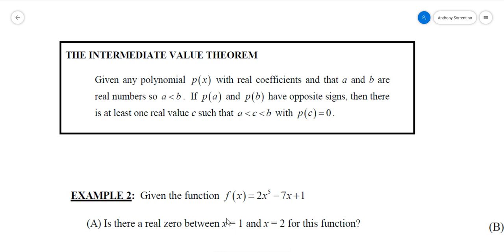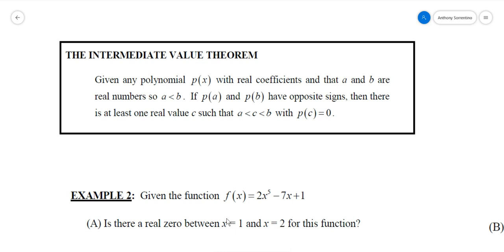The intermediate value theorem says this: given any polynomial P of x with real coefficients, so we're talking about all the numbers in front of the powers of x being real numbers, and A and B are real numbers, so A is less than B. If P of A and P of B have opposite signs, then there is at least one real value C between the two, and the polynomial is 0 at that value.